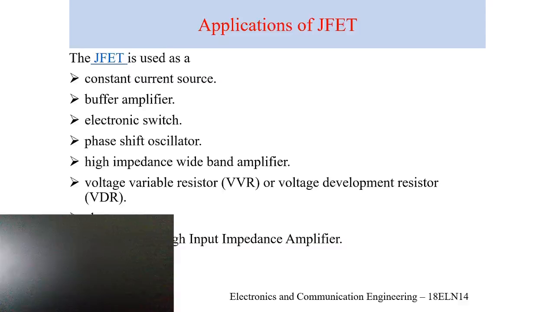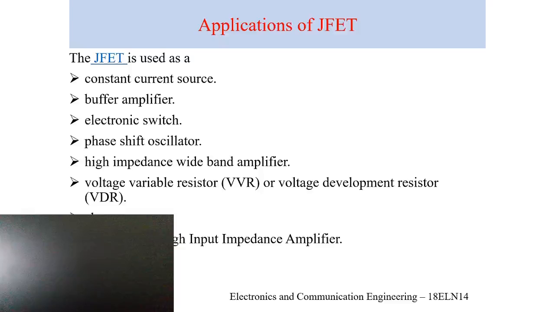JFET is also used as a voltage variable resistor or voltage dependent resistor, in short called VVR and VDR. It can be used as a chopper, for high input impedance amplifiers, and so on. So what we have discussed till here is all related to JFET.